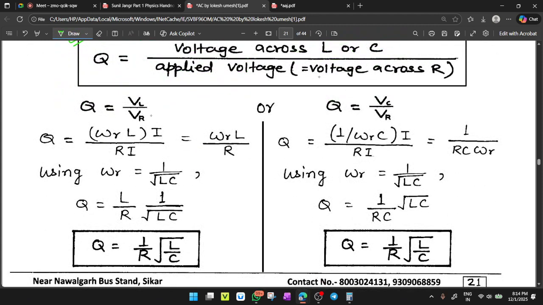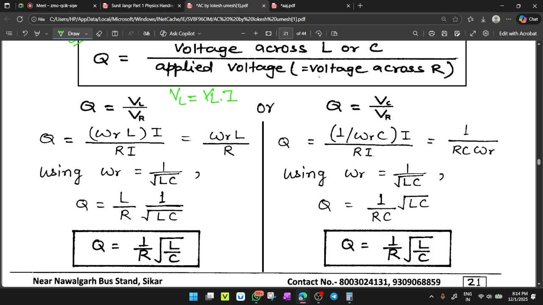Fine. Now VL equals XL into I. XL equals omega R L, because we're talking about the resonating frequency. So this equals omega R into L into I upon VR, which equals R into I. I and I get cancelled. This equals omega R L upon R. Clear? Series resonating frequency omega R equals 1 upon under root LC.